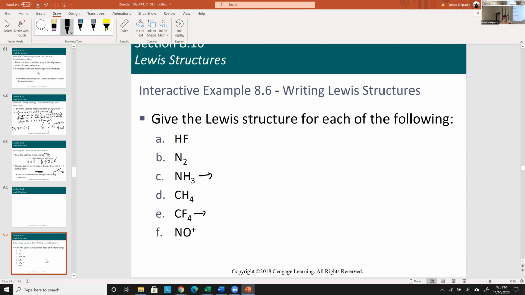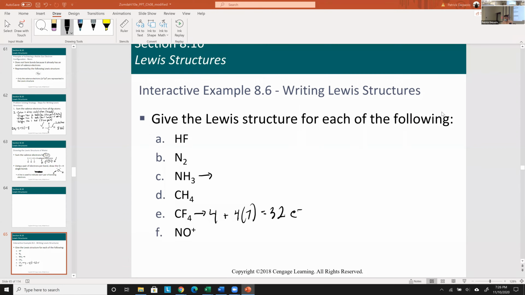So how many valence electrons are in CF4? Carbon has 4. Fluorine has 7. It's 4 times 7, which is 28, plus 4 is 32. So we need 32 total electrons.